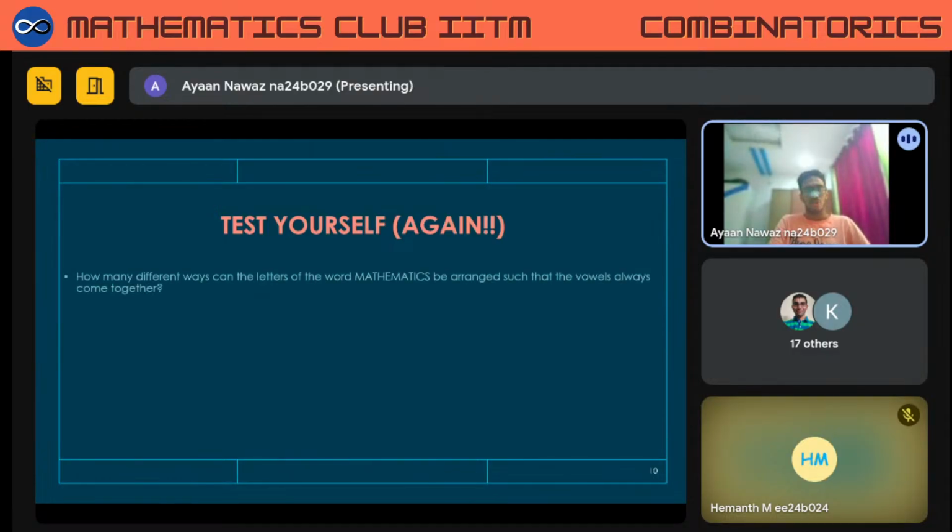So, again, a few questions for you. How many different ways can the letters of the word mathematics be arranged such that the vowels always come together? I'll give you 2 minutes for this, or maybe 3 minutes.